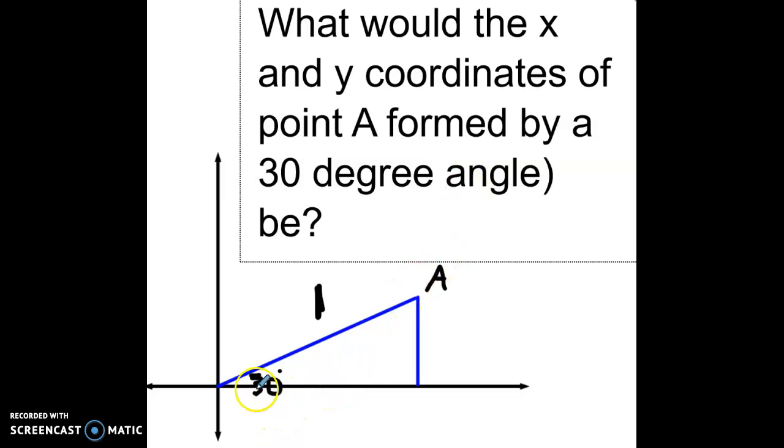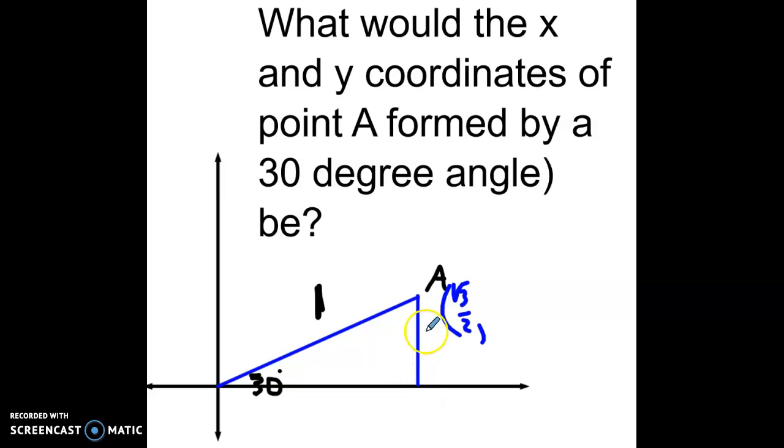This is hopefully a review, because hopefully you've looked at the notes already on this, but the point A here would be the distance across the x-axis. So that would be the square root of 3 over 2. That would be the x value of the point. And then the height would be the y value.